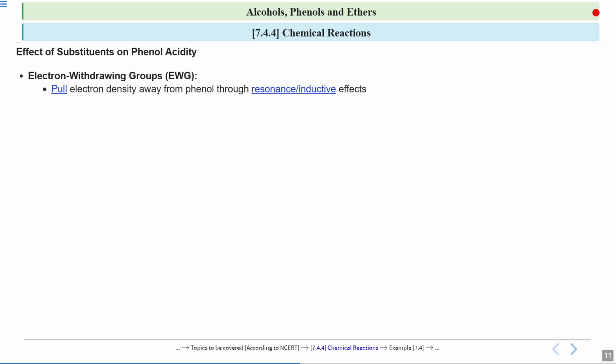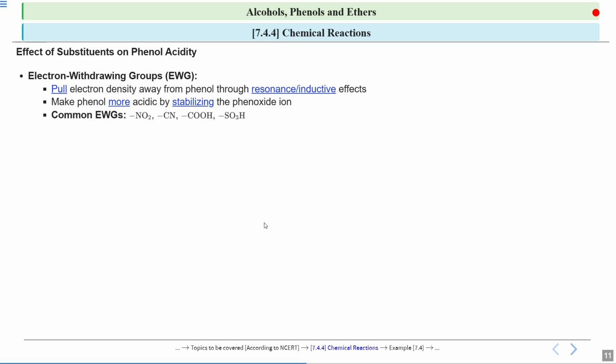And that is why it makes phenol more acidic by stabilizing the phenoxide ions. So when the electron withdrawing groups are attached to your phenols, then your phenoxide ions will be more stable. If the phenoxide ion is more stable, the acidity will be more.